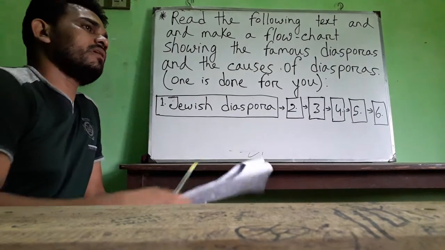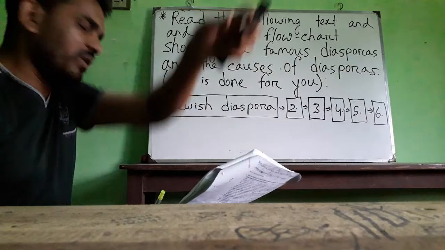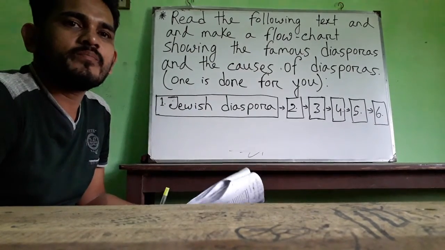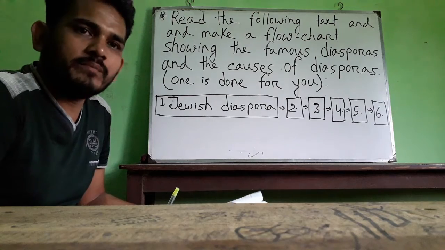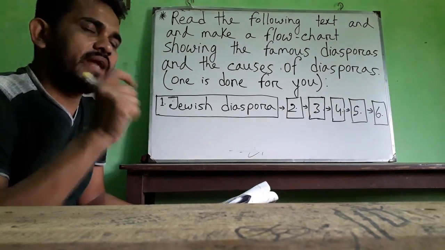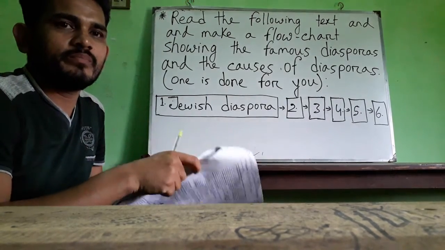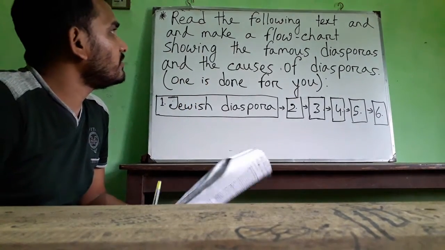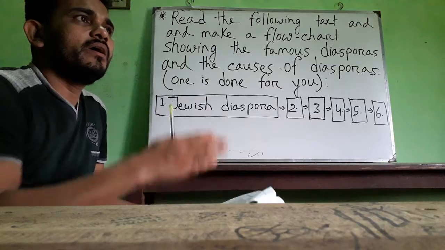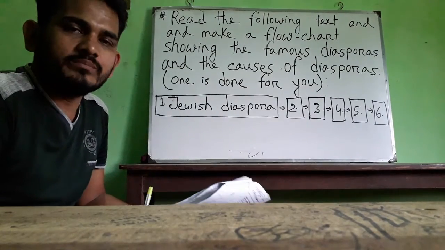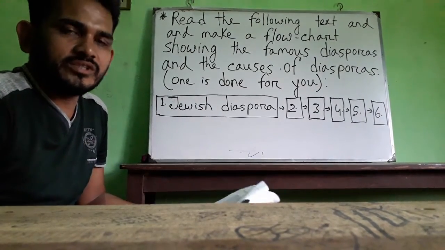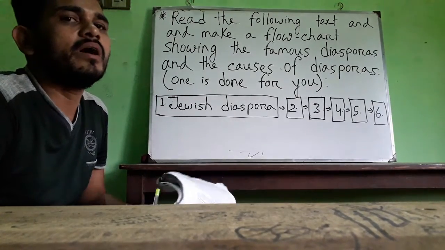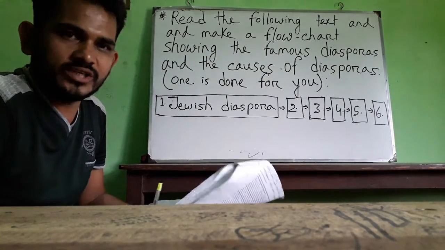So in the previous class I told you that you would have a text, a passage, before making a flowchart, and you will have to read the passage properly for making the flowchart easily.